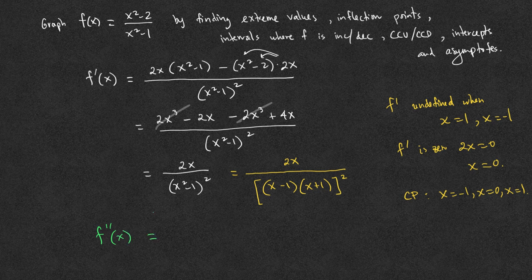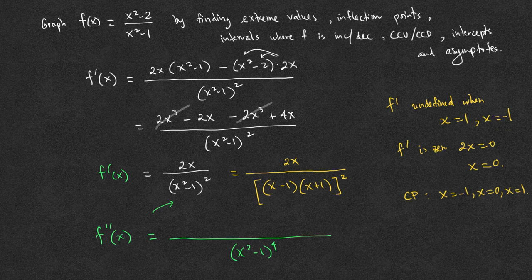After we simplify, the first derivative is f prime of x equals 2x over the quantity x squared minus 1, squared. For f double prime, we square the denominator. The denominator is now x squared minus 1 squared, so when we square it, we get x squared minus 1 to the fourth.